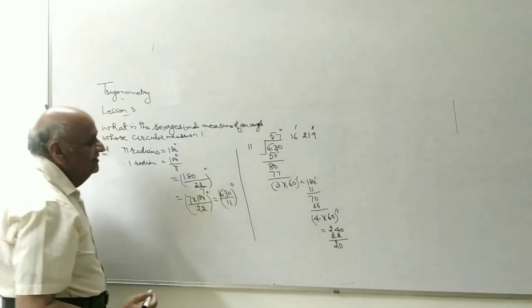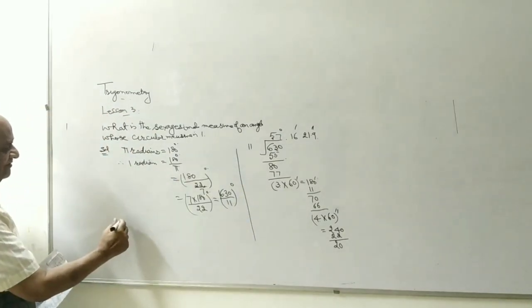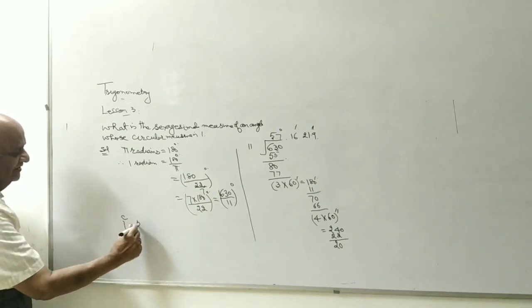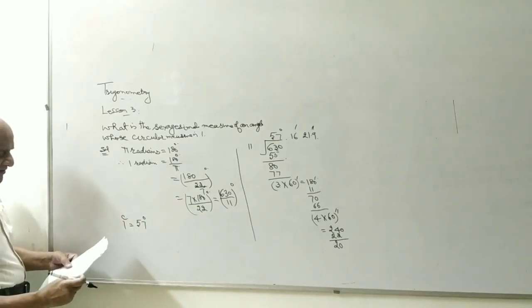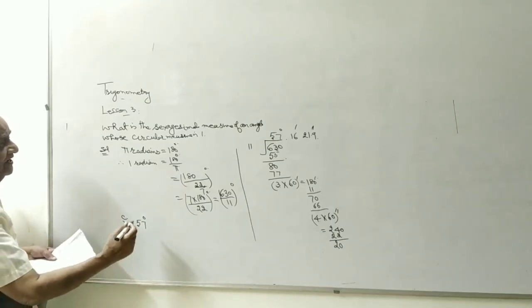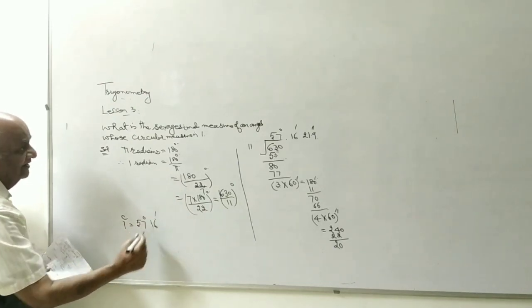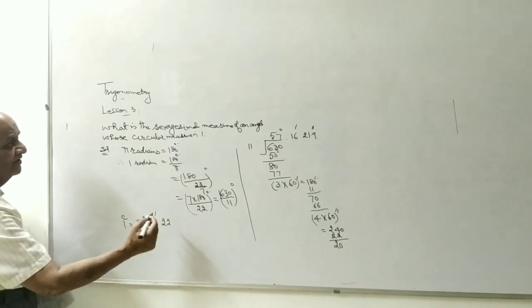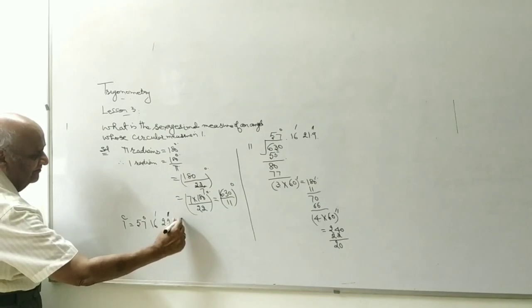Check out these calculations on the right hand side of the sheet. Therefore, we say 1 radian is equal to 57 degrees, 16 minutes and 22 seconds approximately.